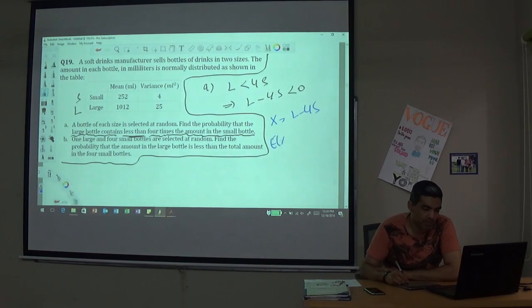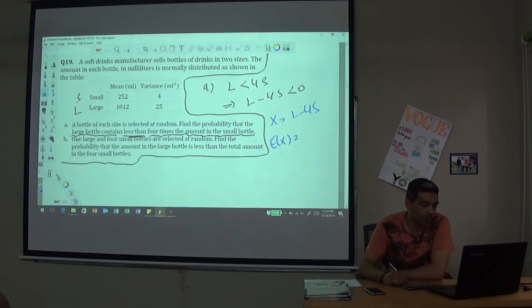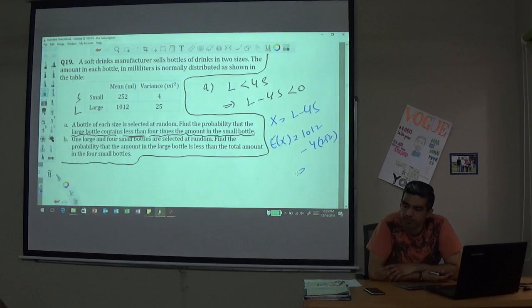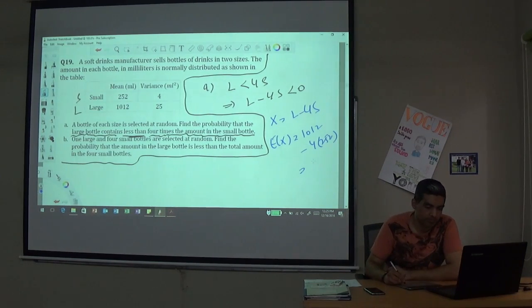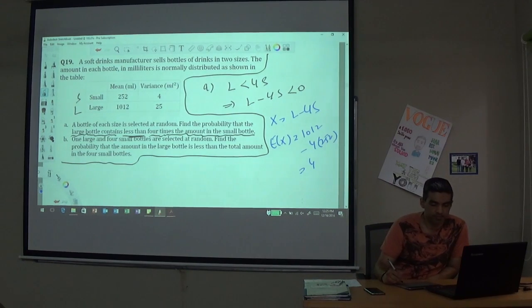So what would be the expected value for X? That would be 1012 minus 4 times 252. Is that 4? The expected value is 4. What would be the variance?